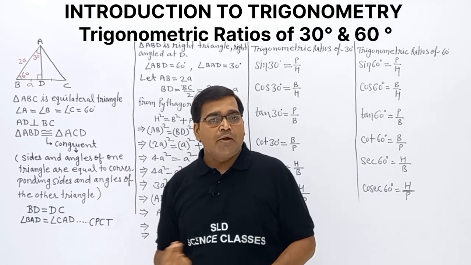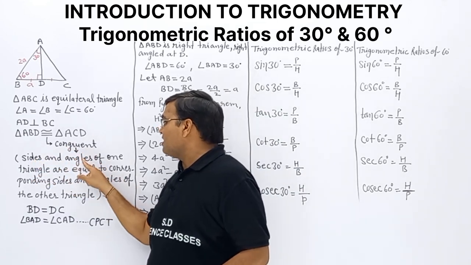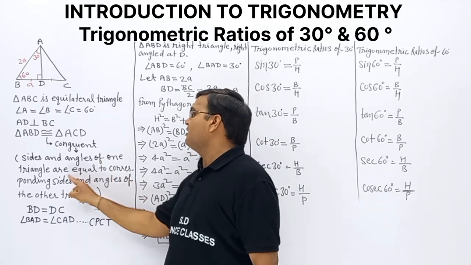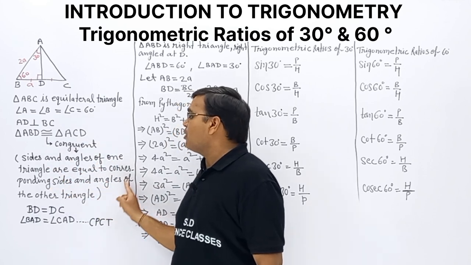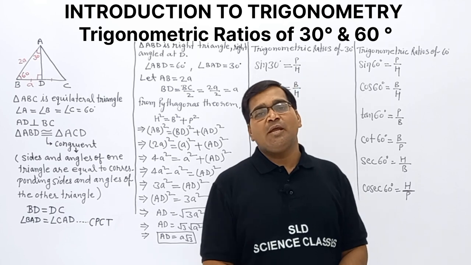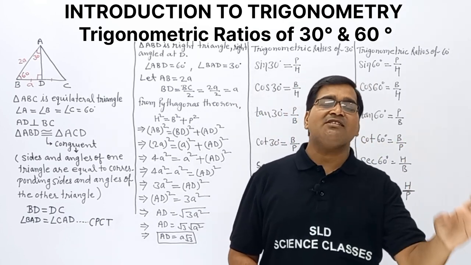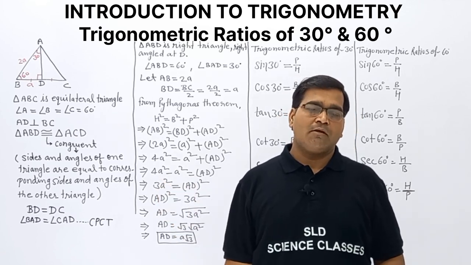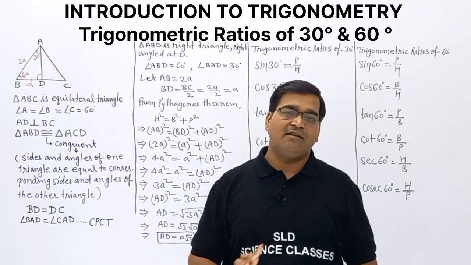Two triangles are congruent when the sides and angles of one triangle are equal to the corresponding sides and angles of the other triangle.